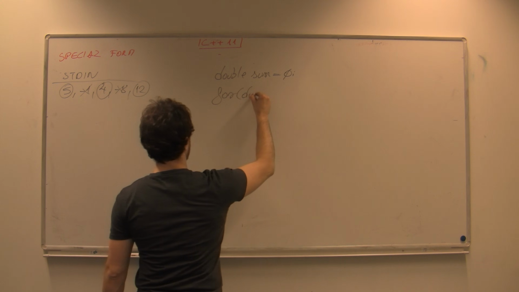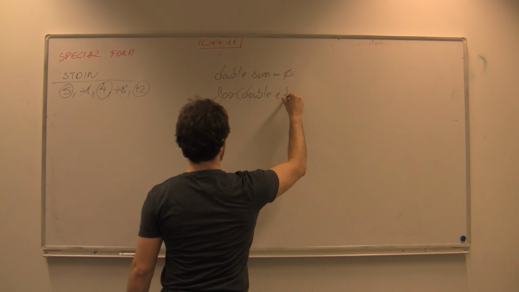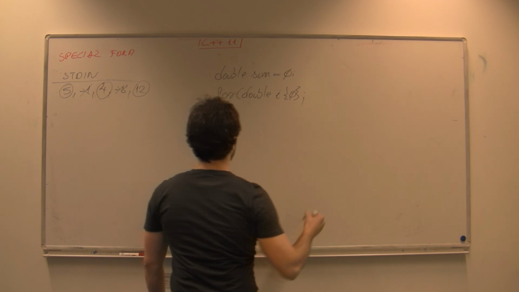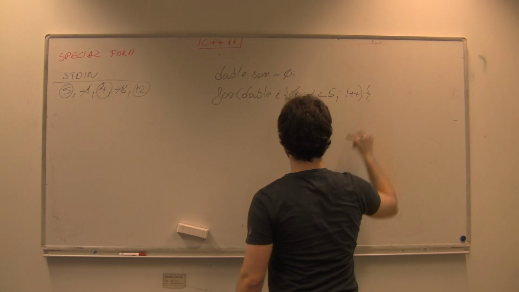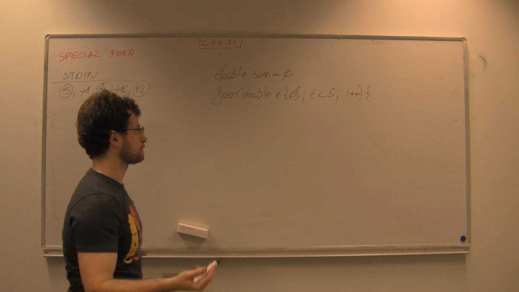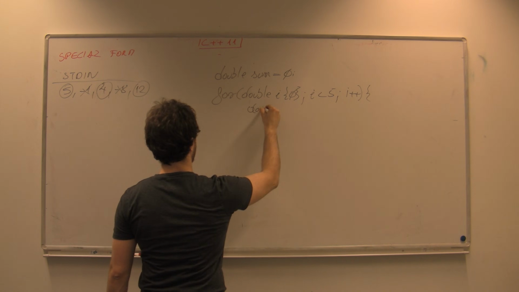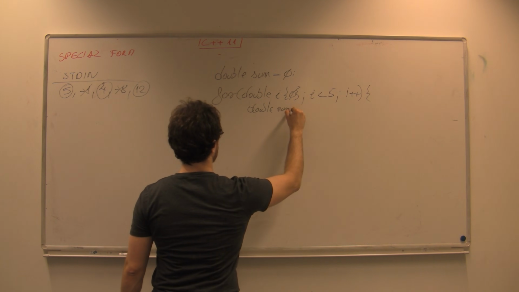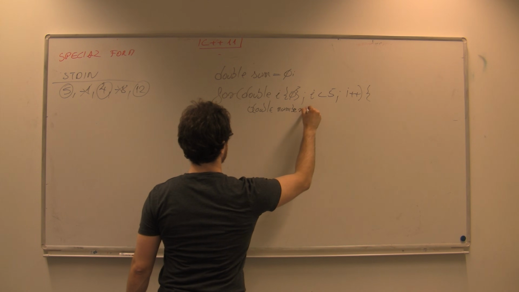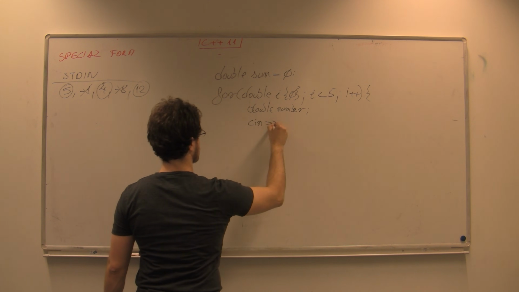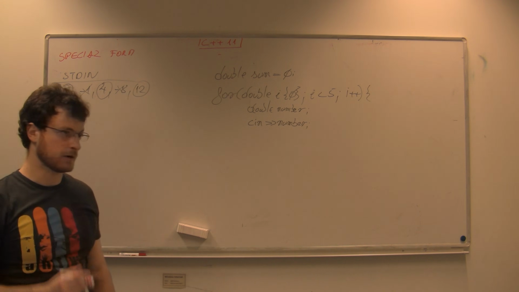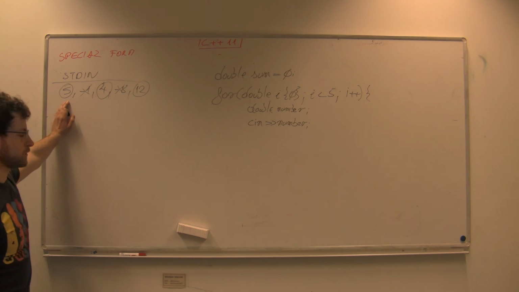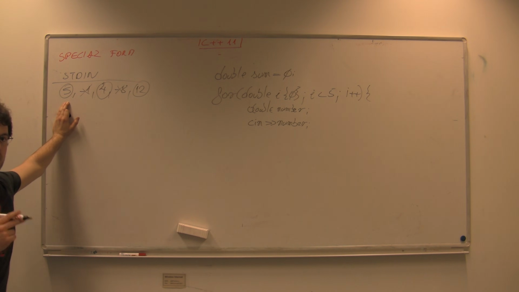We will iterate 5 times, and at each step, we will read a number from standard input. And now comes the tricky part. We need to select only those numbers that satisfy a condition, and that condition is them being positive.